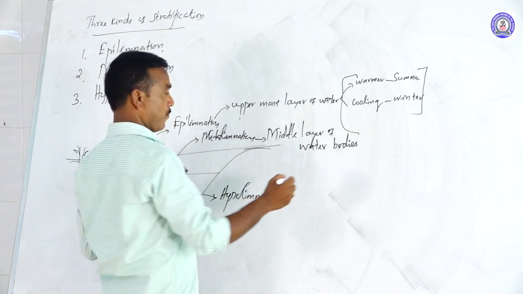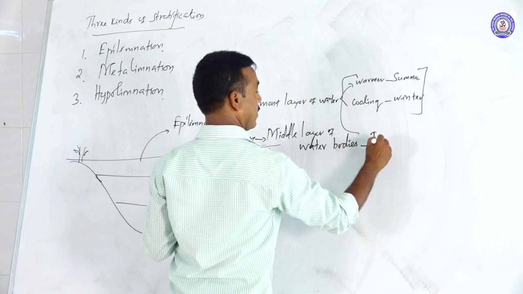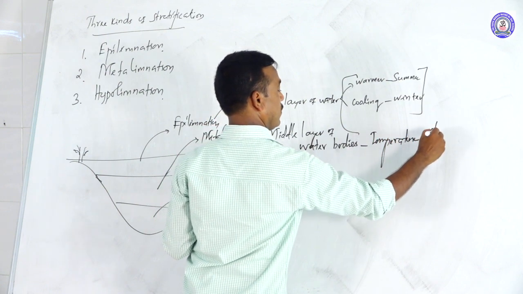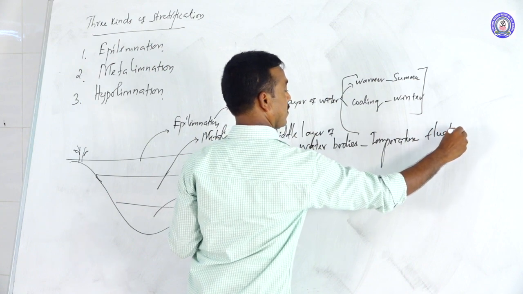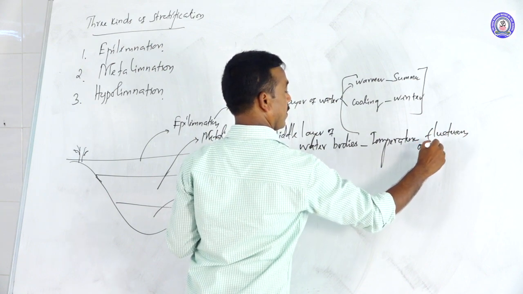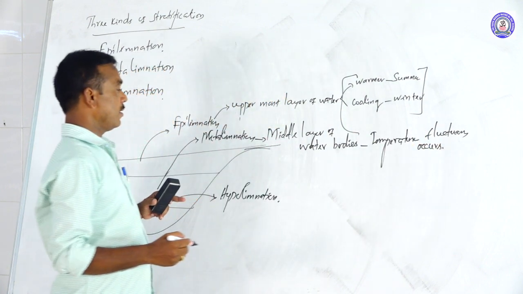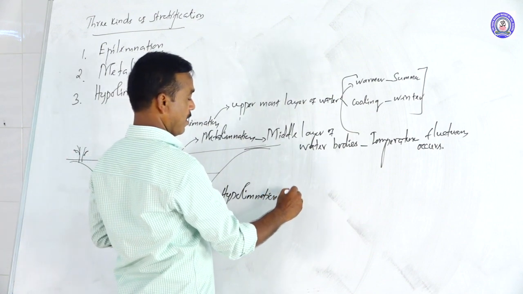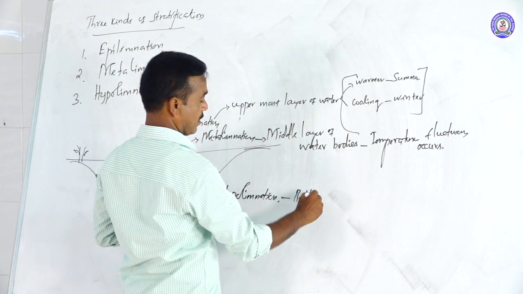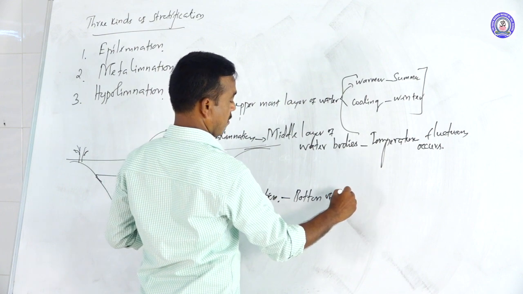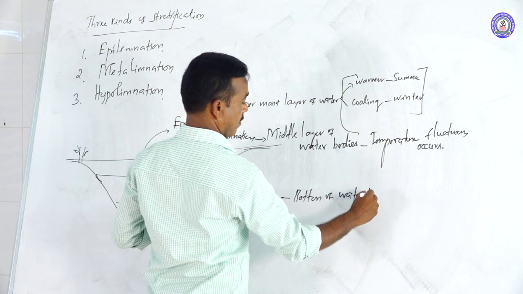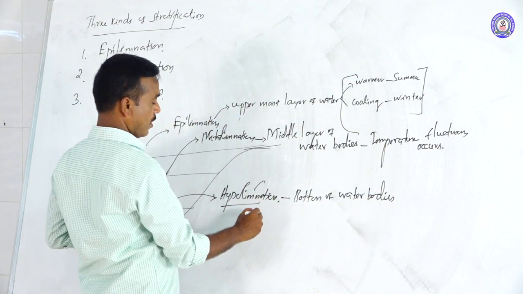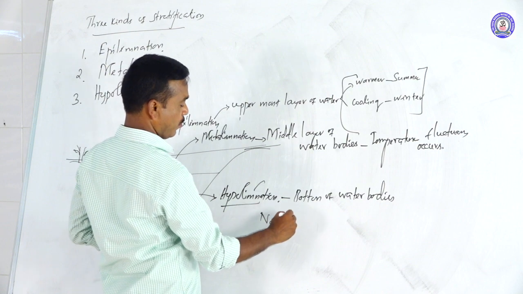The third one is commonly called hypolimnion. That is the bottom of water bodies. Here generally there is no temperature fluctuation.